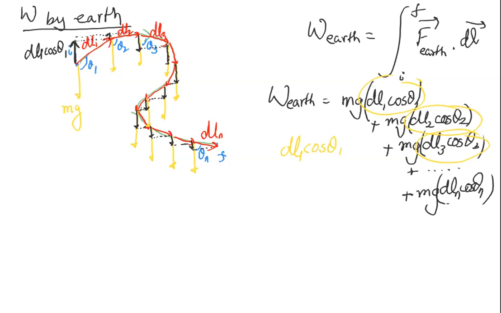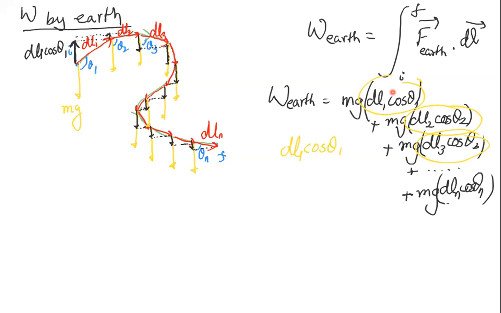After working out the dot product, I realize that this dl1 cos theta 1 quantity is nothing but the component of dl1 along mg.